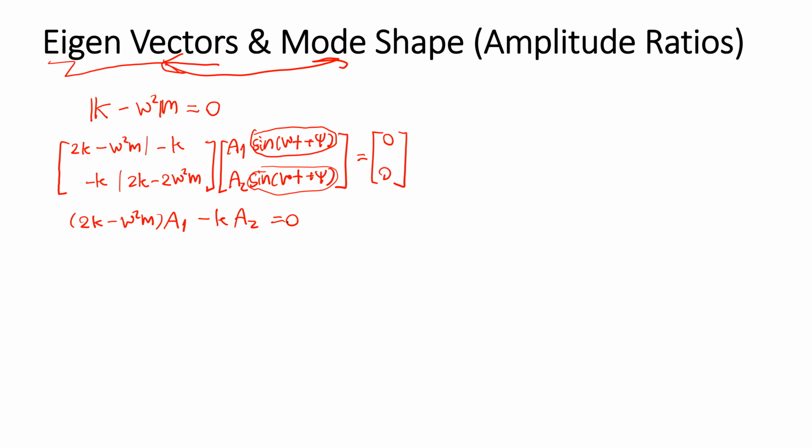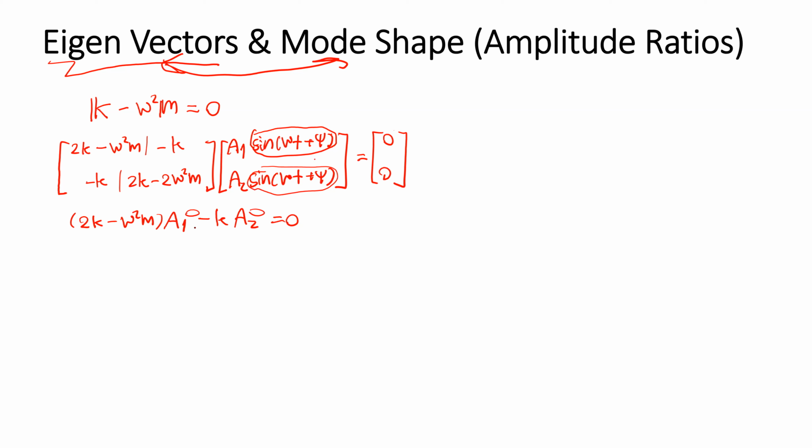In this case, a1 and a2 are multiplied by the same function, the psi function. And if we divide it throughout the equation, finally, this equation is true.